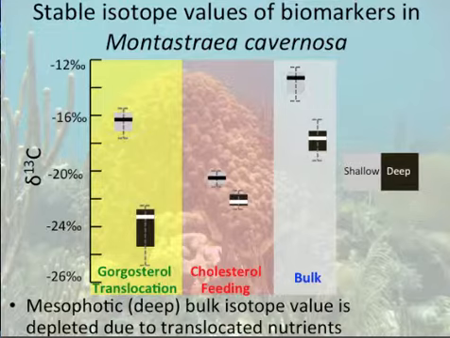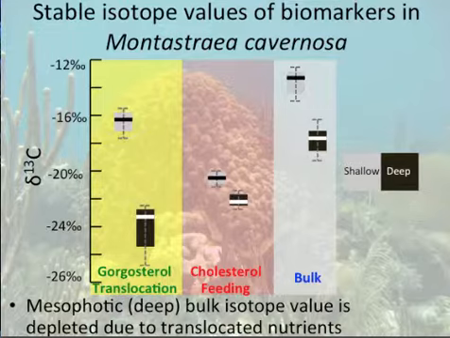And then as we go deep, we see that the bulk stable isotope value is depleted because it is still incorporating these photosynthetic nutrients that have a depleted stable isotope value. So this depletion indicates that the coral is still acquiring nutrients by photosynthesis, even at depth.